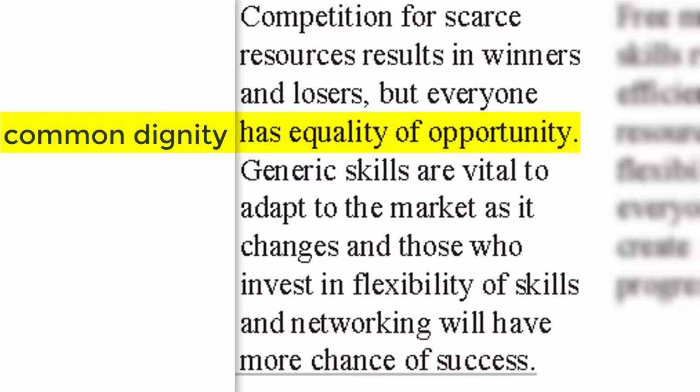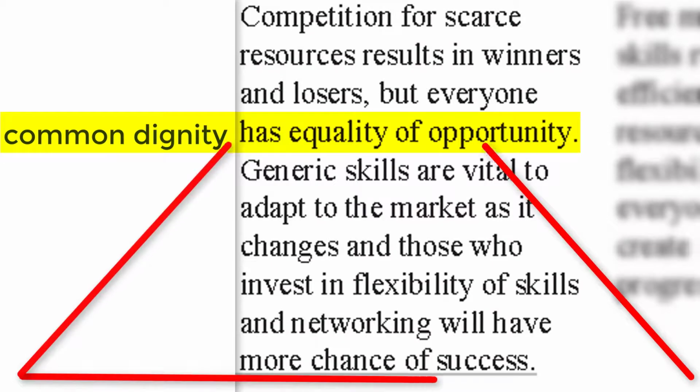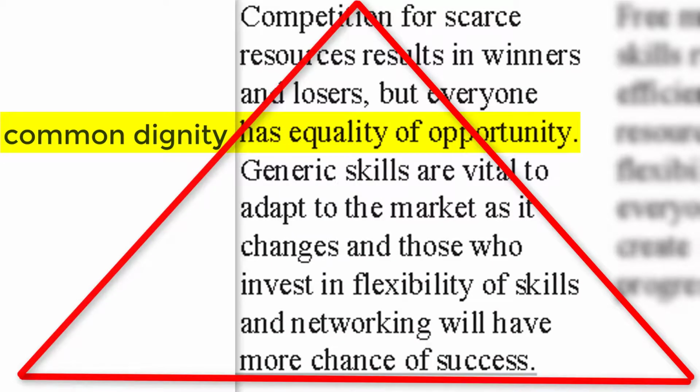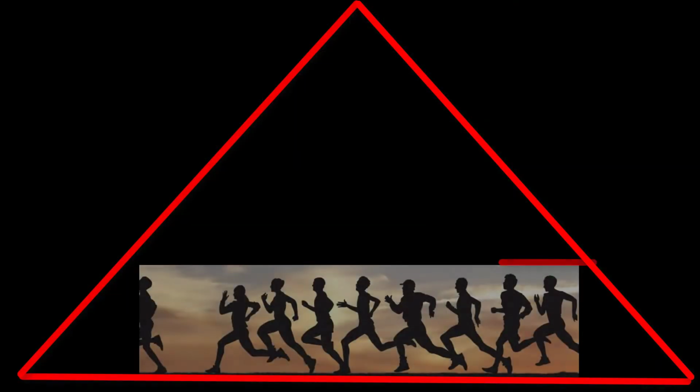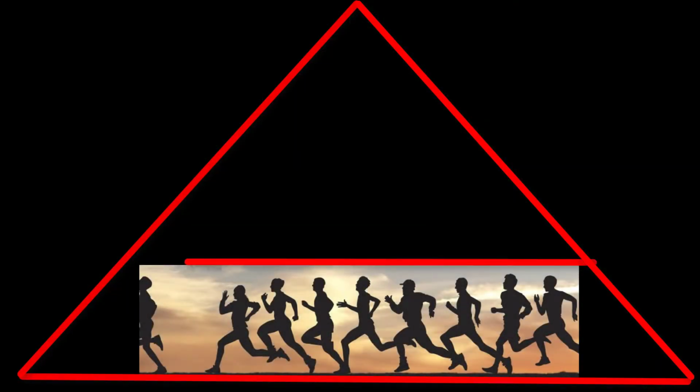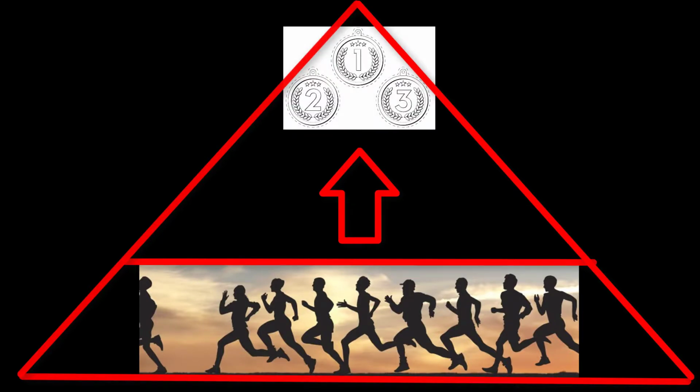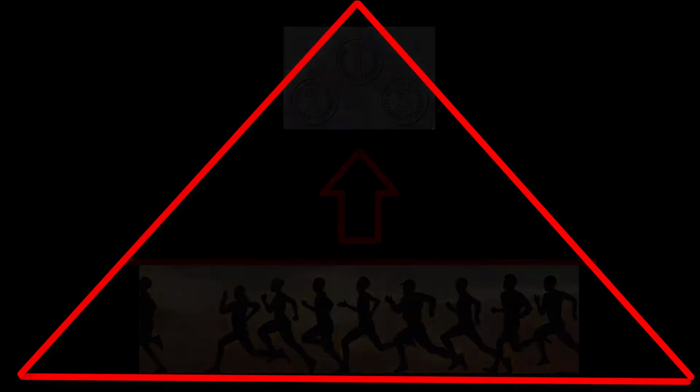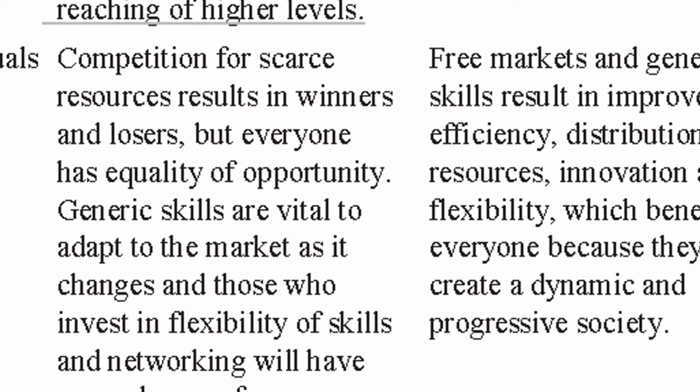And within that, because everyone has equality of opportunity and everyone has a fair chance, those that are able to adapt and survive and improve themselves in that situation reach higher and higher levels of achievement and they get just reward for that. That kind of principle is good for everyone.